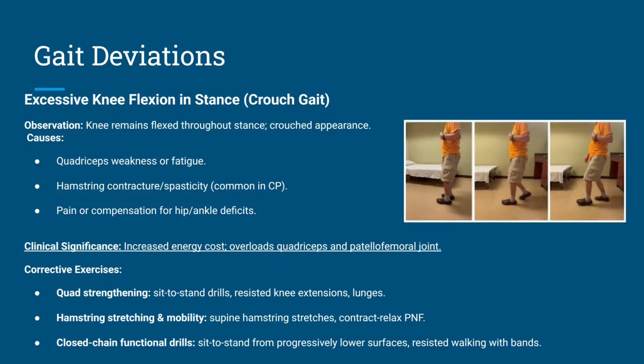Common causes: quadriceps weakness or endurance deficits, hamstring tightness or spasticity, hip flexion contracture, ankle dorsiflexion restriction forcing compensations, or pain avoidance such as osteoarthritis or a post-surgical candidate.